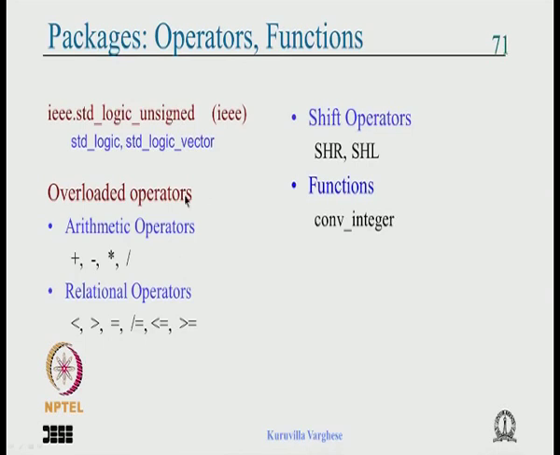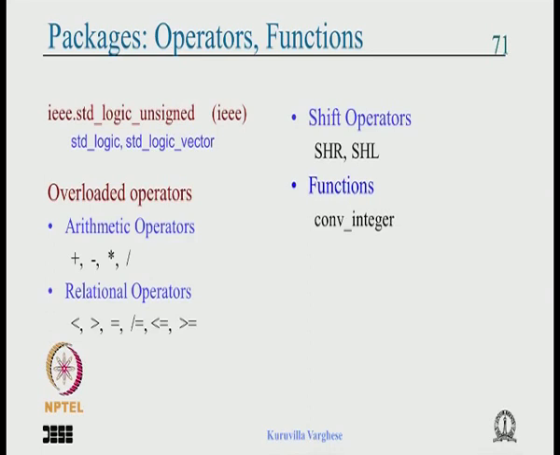Many a time in the code we need to convert a std_logic_vector to an integer. An example is that you have some address as a std_logic_vector, and you are trying to write the VHDL code for a memory or a FIFO, and the address location is an array.